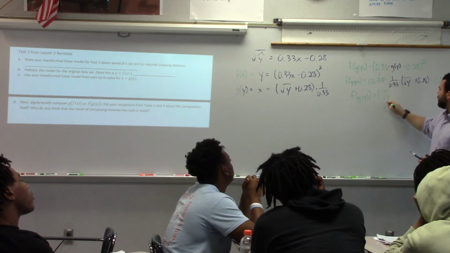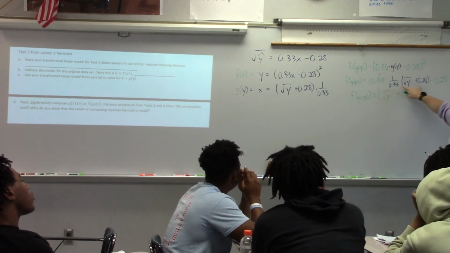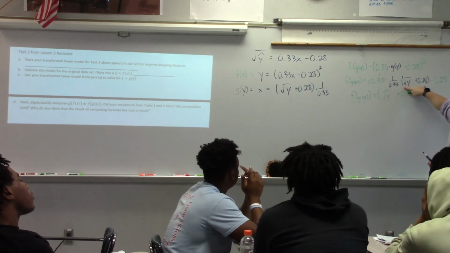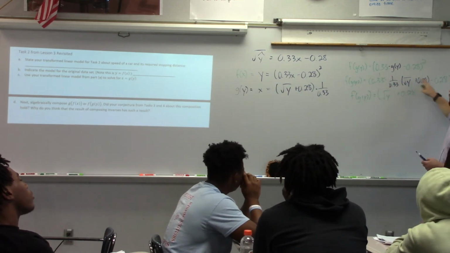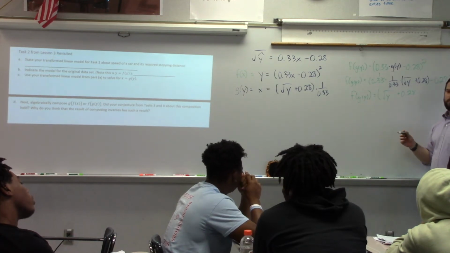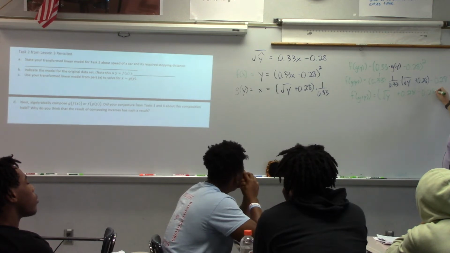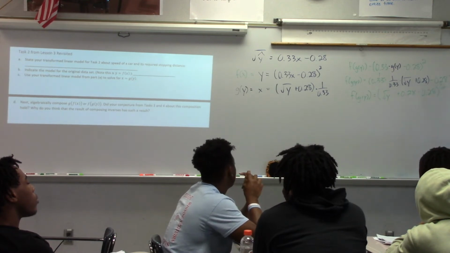So I've got parentheses, square root of y plus 0.28. Notice I dropped off these blue sets of parentheses because what's 1 times anything? It's just that thing, itself.